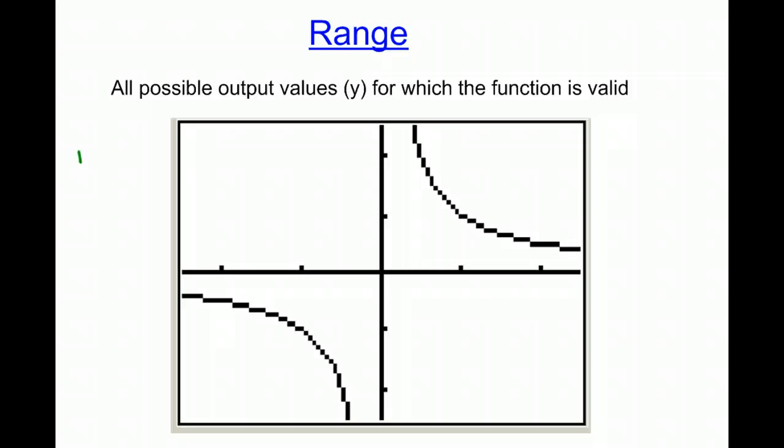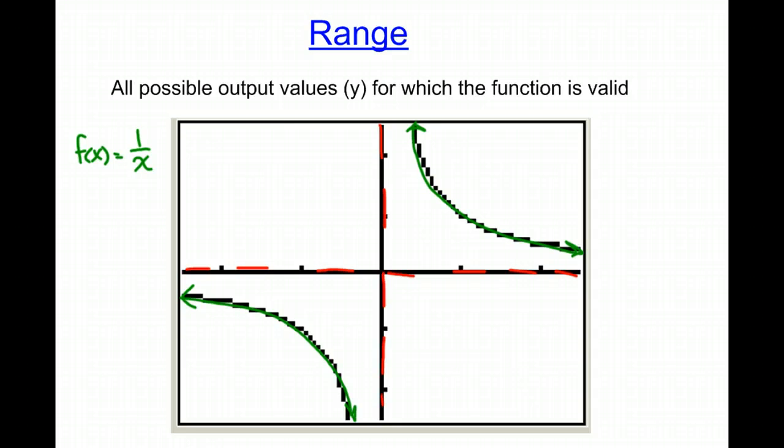Looking at the parent function f of x equals 1 divided by x, we have these curves that again are approaching the asymptotes but never equal it. So we have asymptotes on the x-axis and on the y-axis.